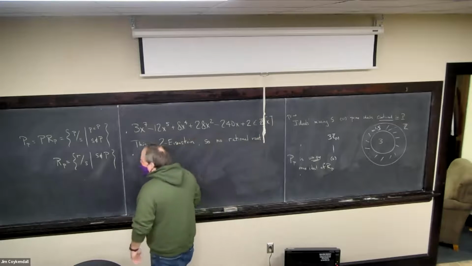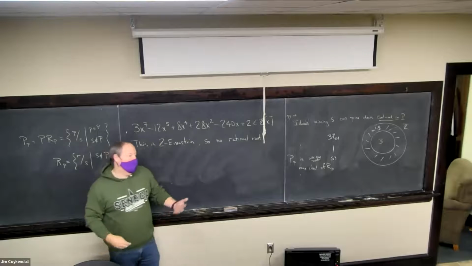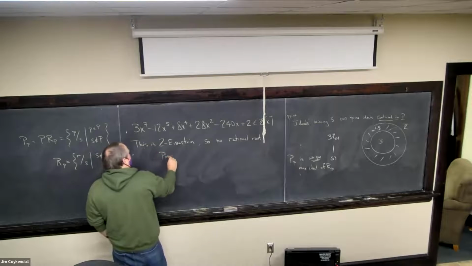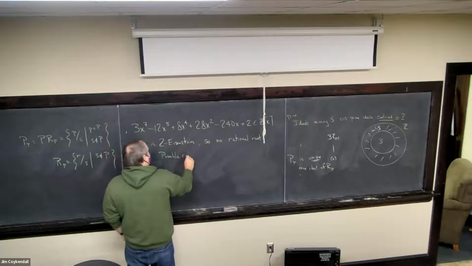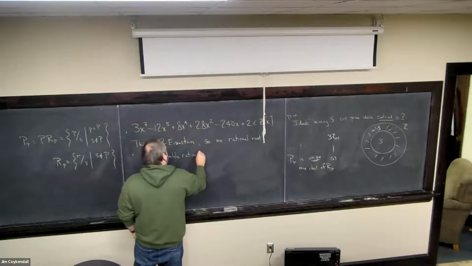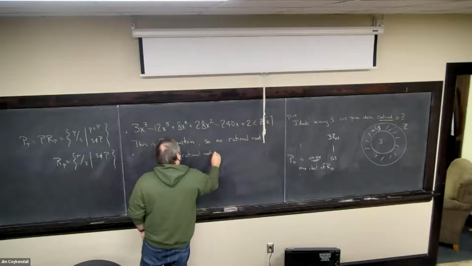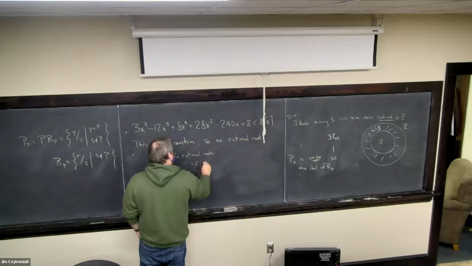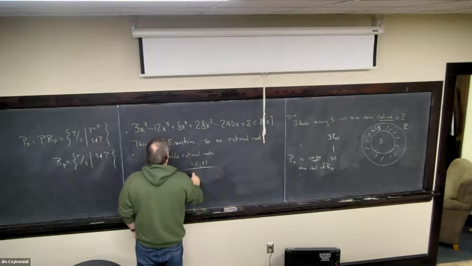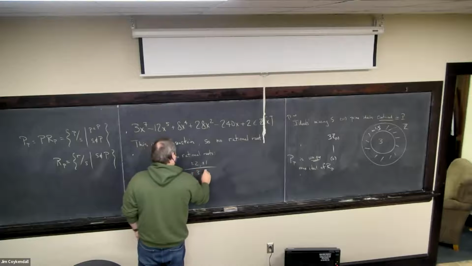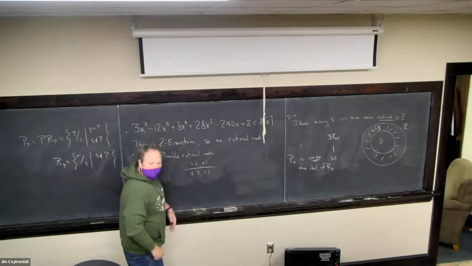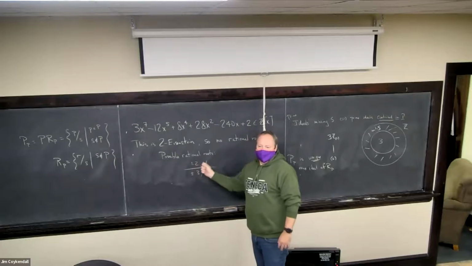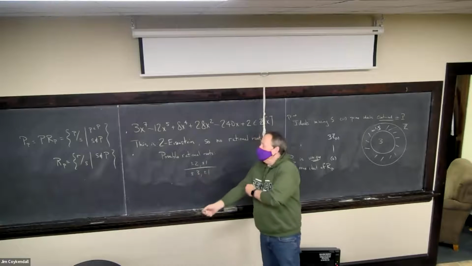Now, if you didn't know it was 2 Eisenstein, so for example, if you didn't have the criteria, the possible rational roots would be, that's a terrible notation, but what I mean is it's any possibility of these for the numerator, these for the denominators, right?